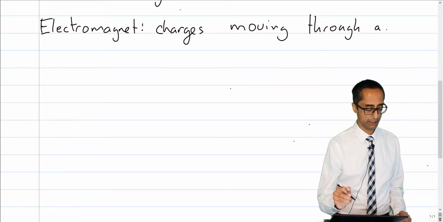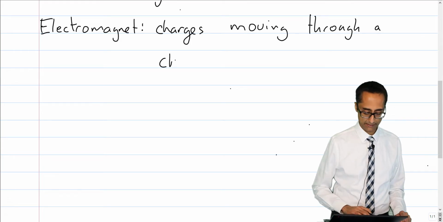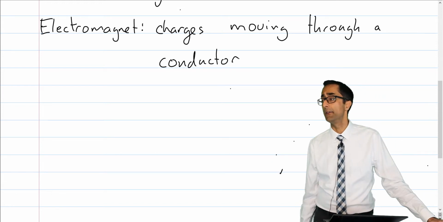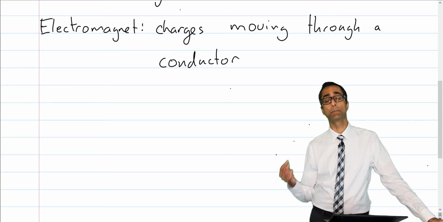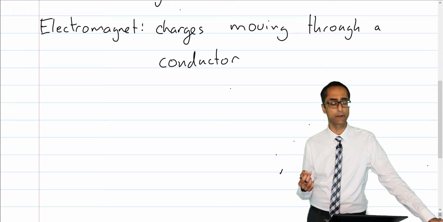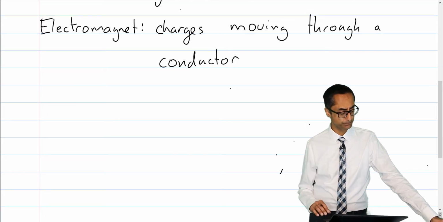Yeah, absolutely, like a wire. When you've got charges moving in a wire, what you're talking about is electricity. And fundamentally, there is a natural magnetism produced by that. And so we're going to look into that very carefully as well. But before we do that, let's take a step back and look at naturally occurring magnets a little bit.